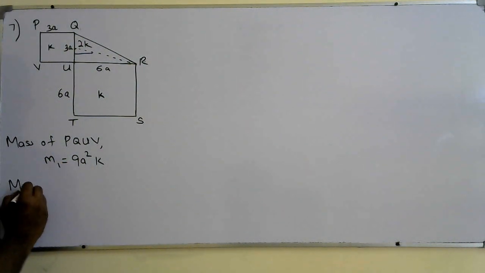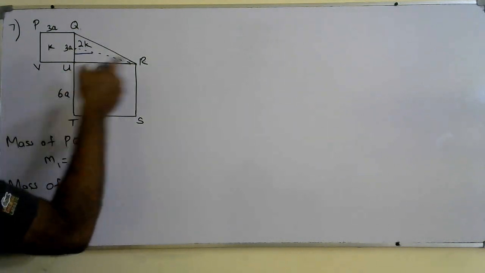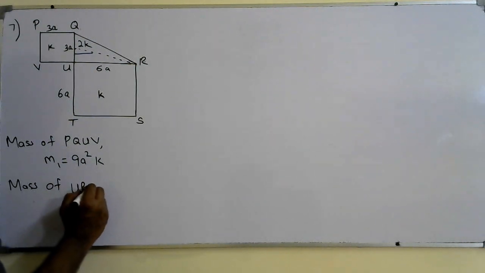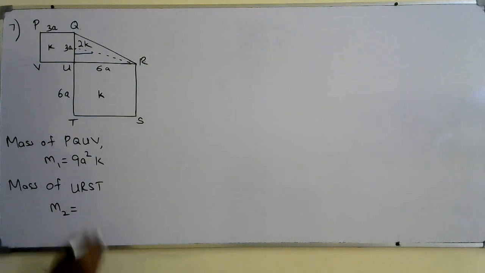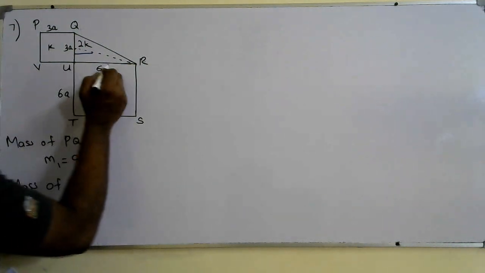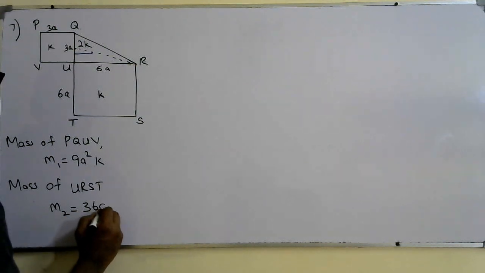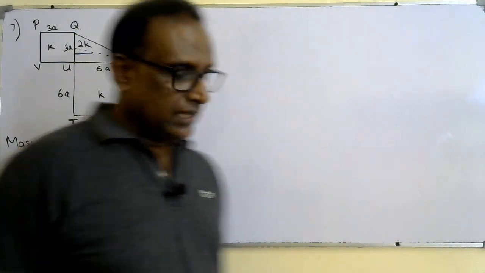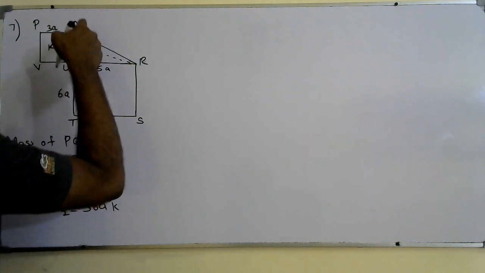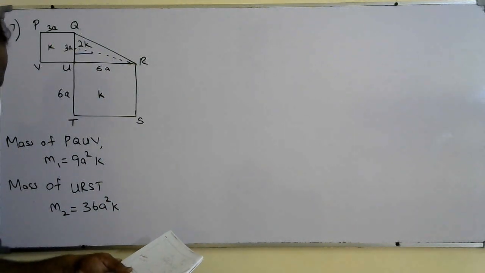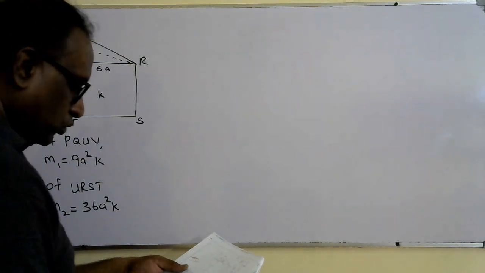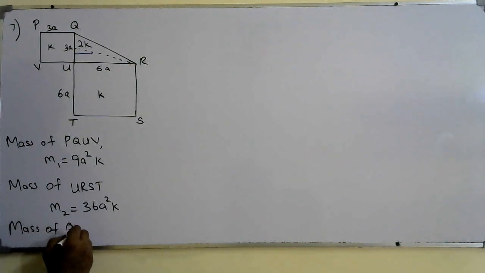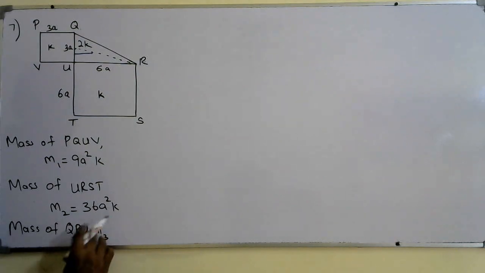Then the mass of URST, that is M2. That is this area, 6A into 6A, 36A squared, into K. Mass per unit area is K. Then the mass of the triangle QRU, that we'll call M3.